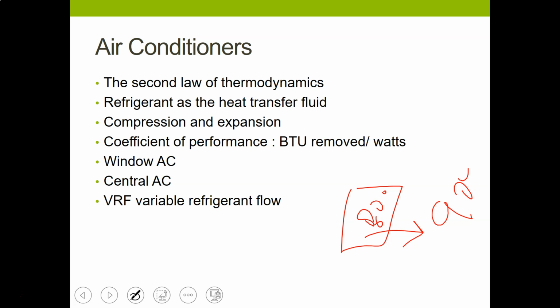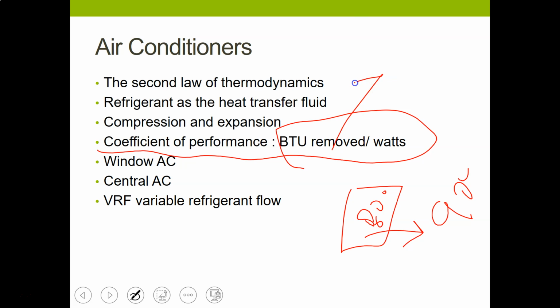So basically we do superheating and subcooling for the refrigerant and try to exchange heat in an evaporator or condenser based on the surrounding temperature and the coil. There's something called the coefficient of performance, which is the BTU removed over the watts we put in.